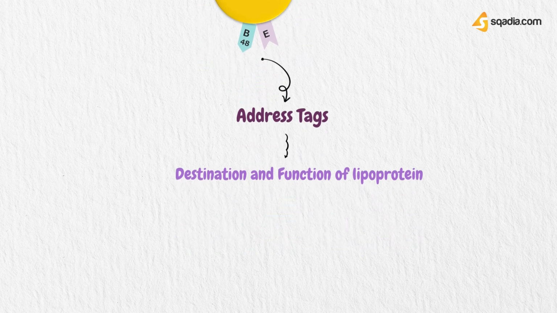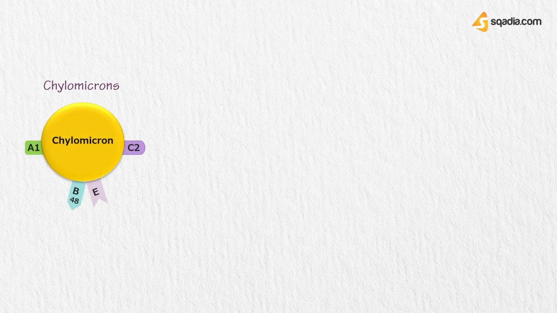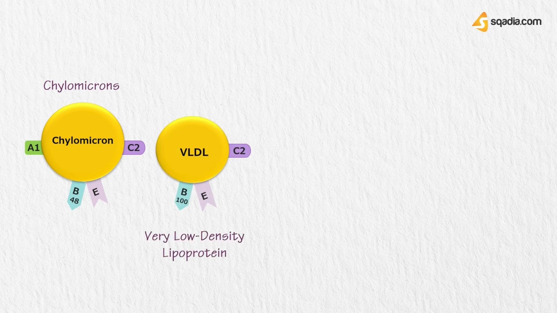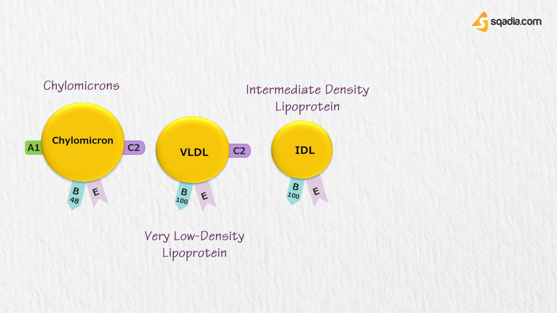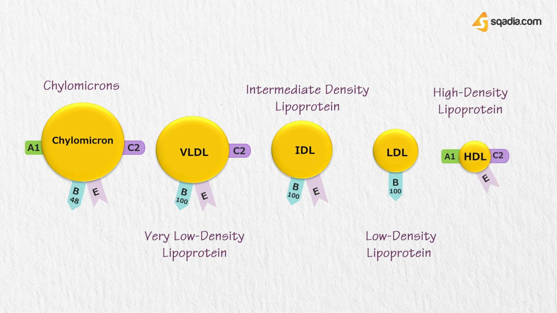Before moving ahead, let's discuss these lipoproteins and understand their role in cholesterol transport. We will discuss chylomicrons, very low-density lipoprotein or VLDL, intermediate-density lipoprotein or IDL, low-density lipoprotein or LDL, and lastly, high-density lipoprotein or HDL.